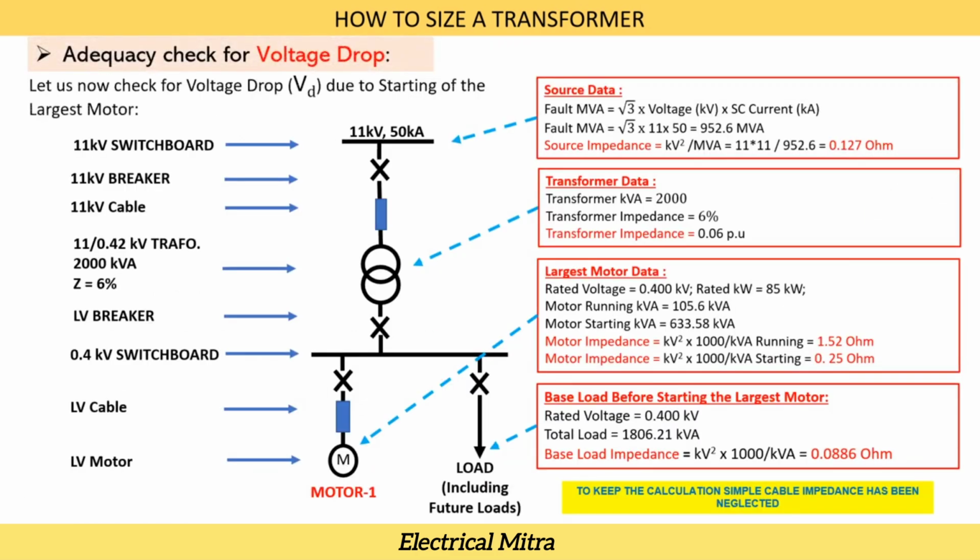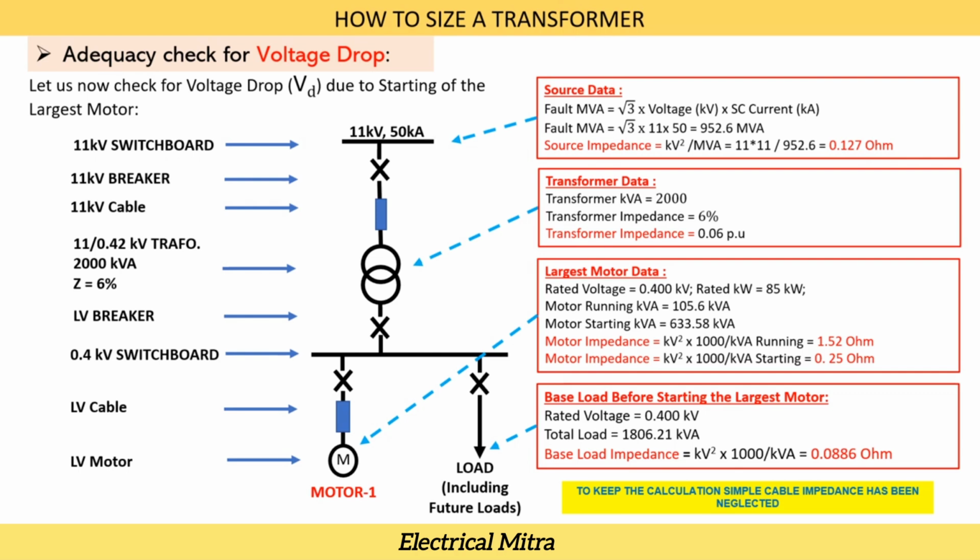We shall now check the transformer kVA rating with respect to the voltage drop during starting of the largest motor to ensure that the transformer kVA rating is adequate. For this purpose, we shall calculate the impedance values of the source, the transformer, motor and the base load. Cables have been neglected for our case to keep the calculation simple. So in our example, we can see that the source impedance is equal to 0.127 ohm.